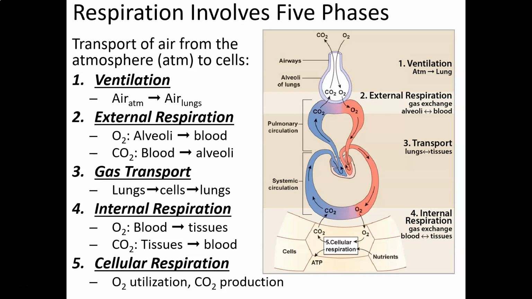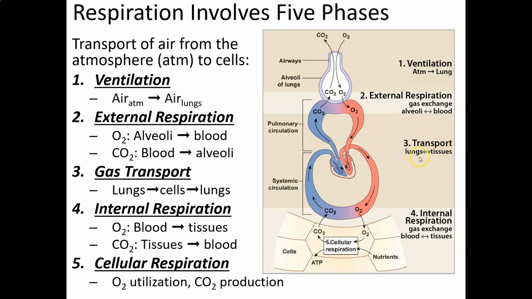So external respiration refers to that. And so that's the gas exchange between the alveoli and the blood. So that's right here. So you see oxygen going into the blood and CO2 going from the blood into the alveoli. So that's called external respiration. And again, that's because we're open to the atmosphere with our alveoli if you went kind of straight through.